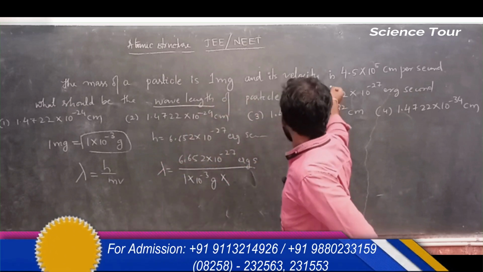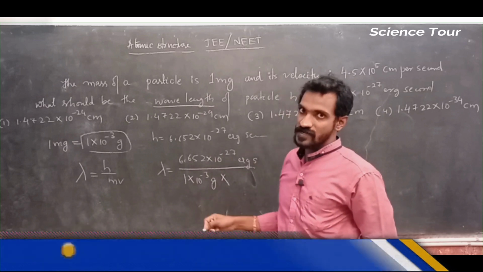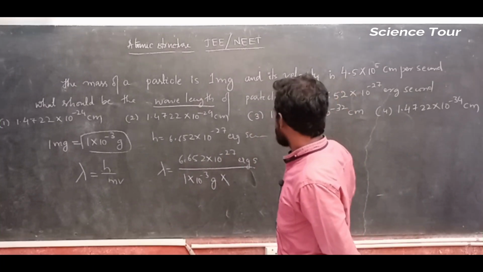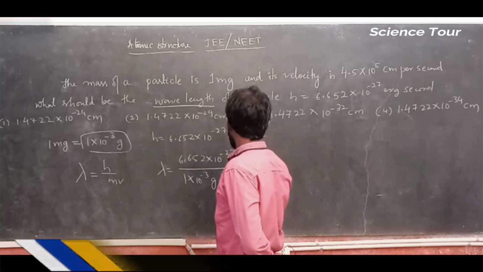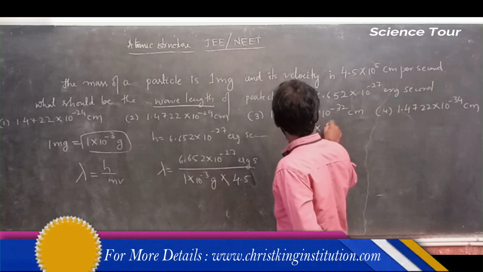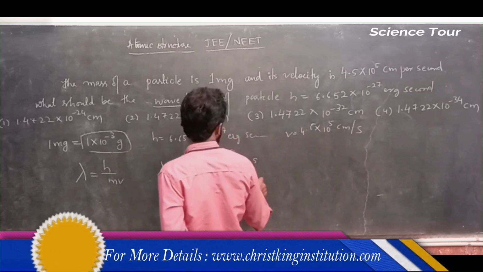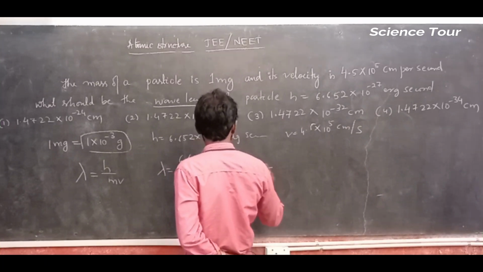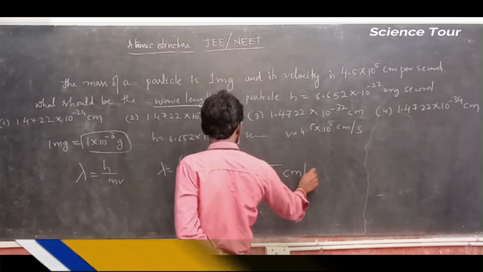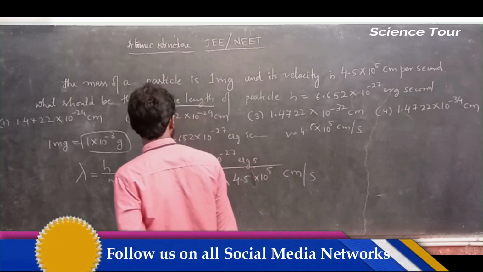Yes, velocity is given, my dear students. This is the particle velocity, not light. The particle velocity is given as 4.5 into 10 to the power 5 centimeter per second. Second gets cancelled, gram gets cancelled, and it gives centimeter.